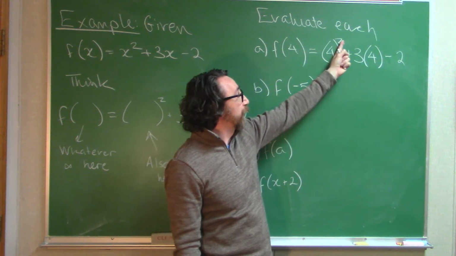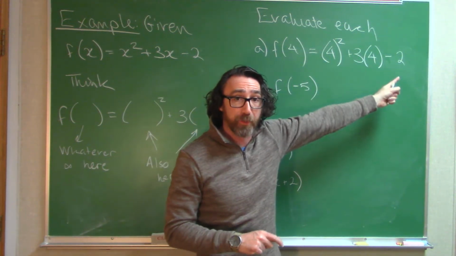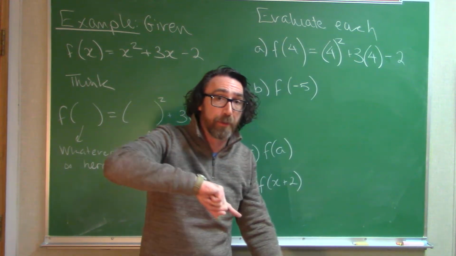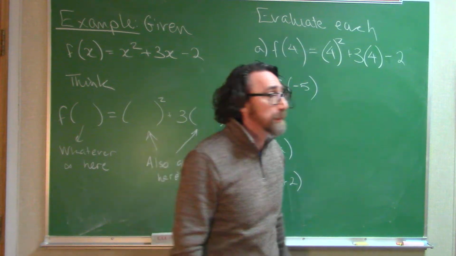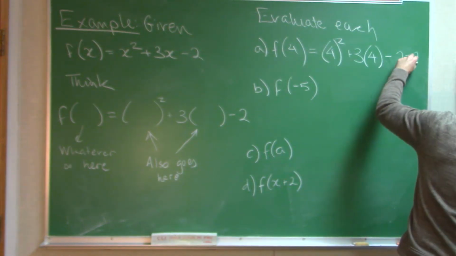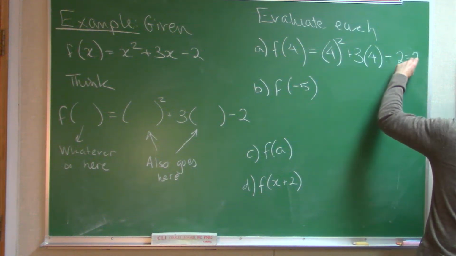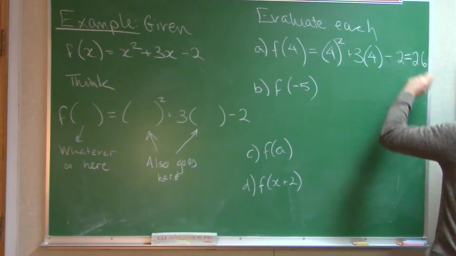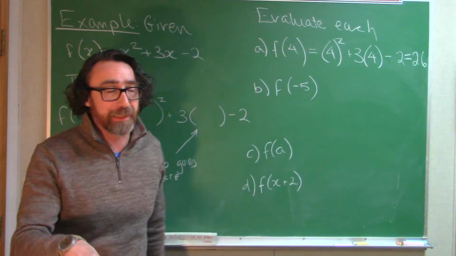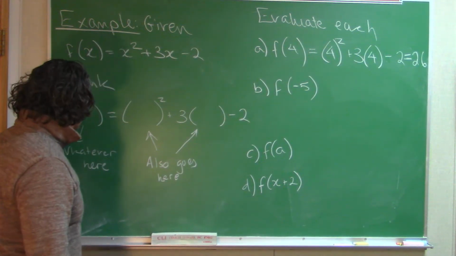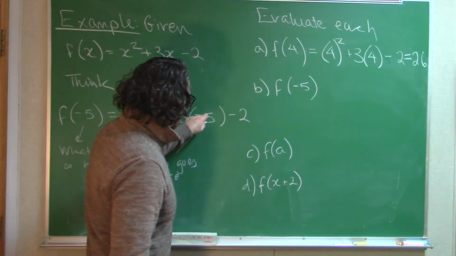Now, remember your order of operations, the exponent needs to be done first, then the multiplication, then the addition. Okay, so 16, 12, 28. Minus the 2, we get 26. So the input of 4 produces an output of 26.